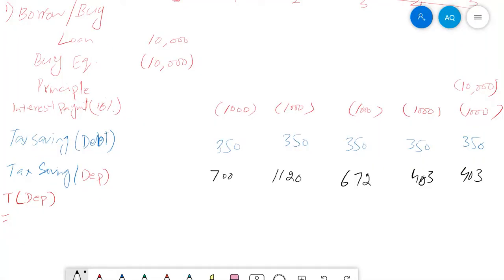So these are our tax savings from depreciation.